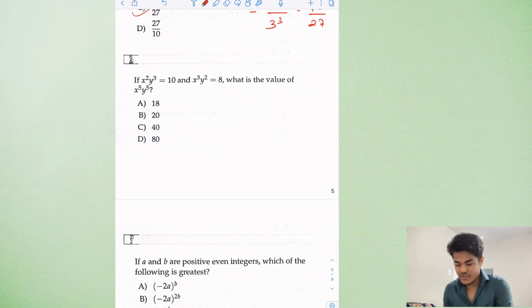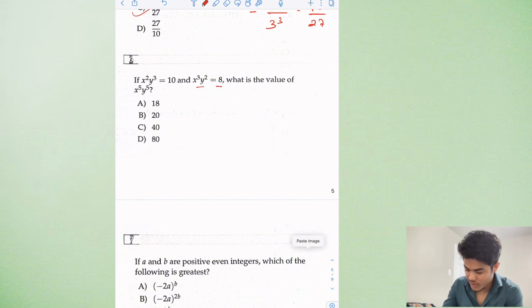Now let's go to question number 6. If x raised to 2 multiplied by y raised to 3 equals 10, and x raised to 3 and y raised to 2 is 8, what is the value of x raised to 5 and y raised to 5? We already know that if we multiply these terms, we can add their exponents, like a to the power x times a to the power y equals a to the power x plus y.